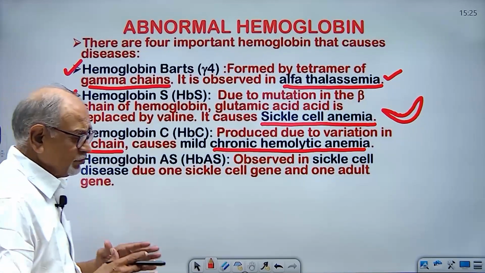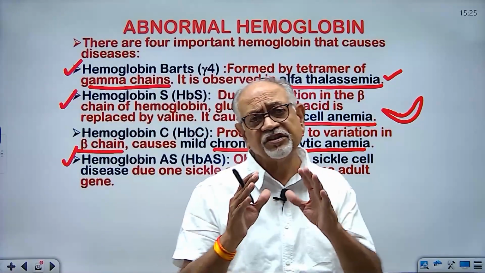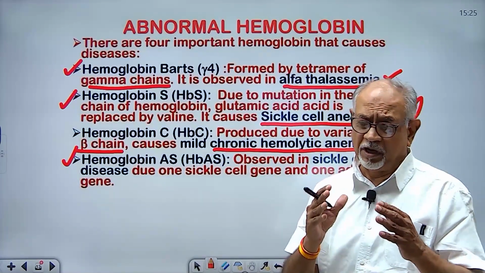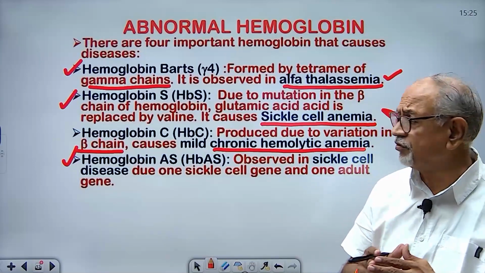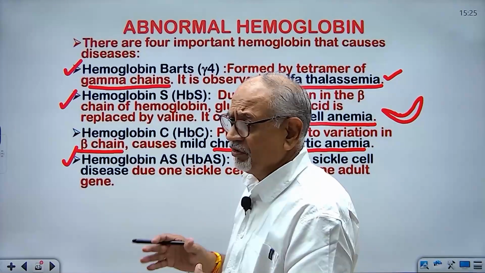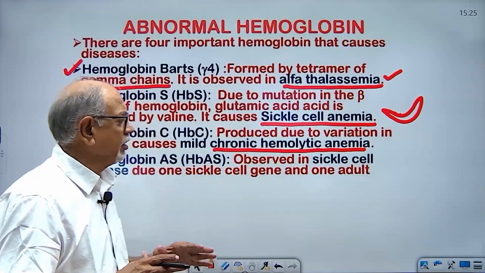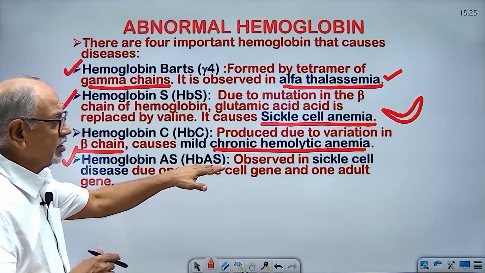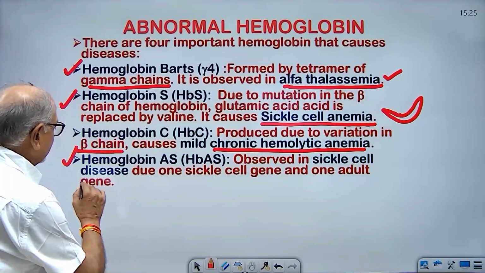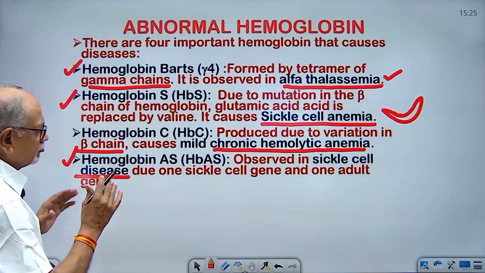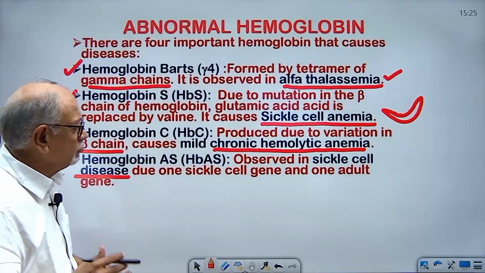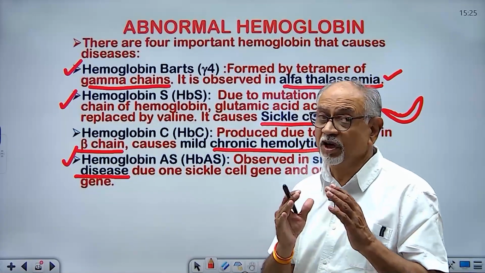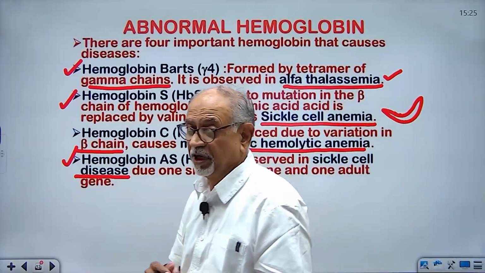So, it is observed when there is a gene of adult hemoglobin containing 2 alpha chains and 2 beta chains, and there is a hemoglobin chain gene which has the sickle cell anemia gene. So, in this disease a combination of these two is found due to one gene of normal hemoglobin and one gene of sickle cell anemia.